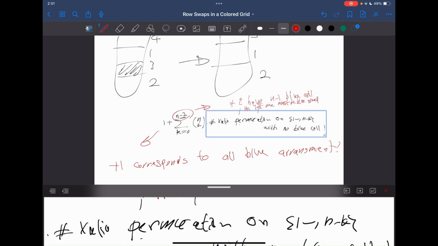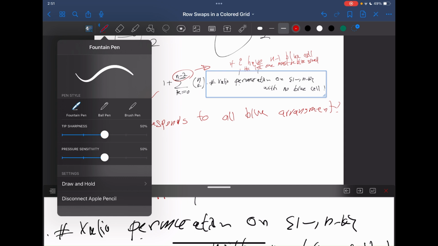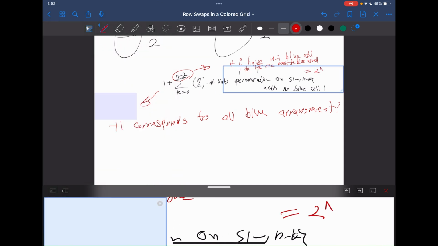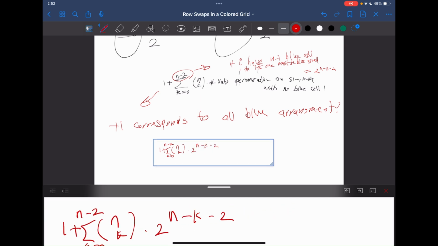The only restriction was the first one to be R, the last one to be Y. So this number here is equal to 2 to the power n minus k minus 2, right? So the final answer is 1 plus the sum of k from 0 to n minus 2 of n choose k times 2 to the power n minus k minus 2.